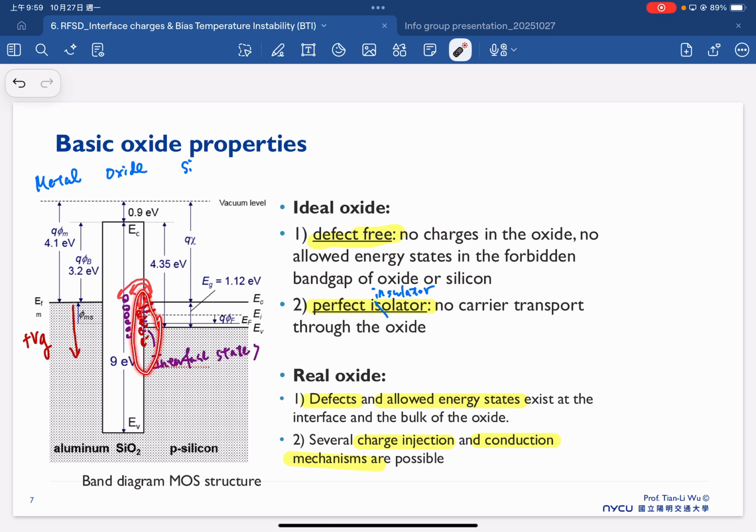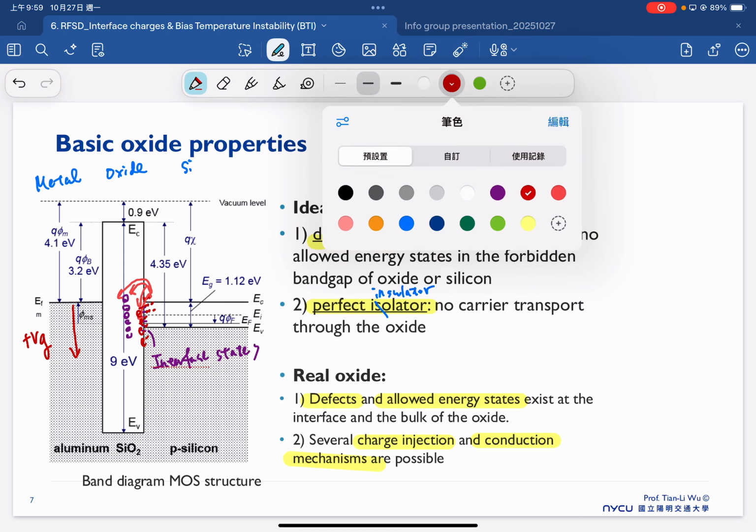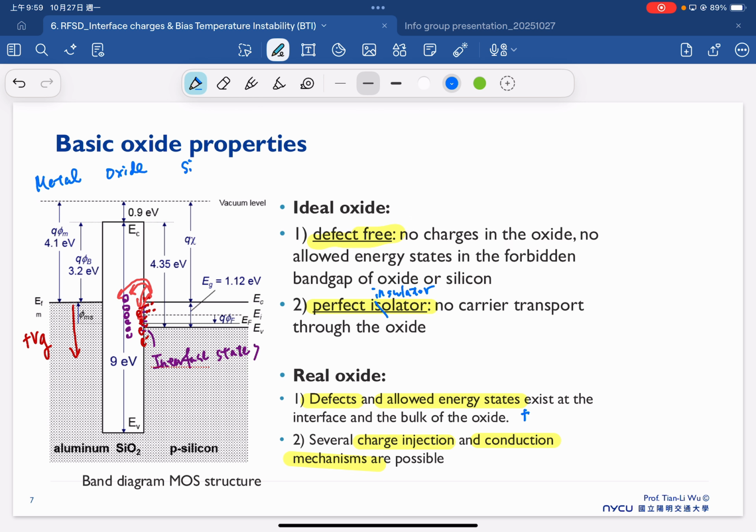Also, a certain amount of electrons will be fixed at defects inside the dielectric.